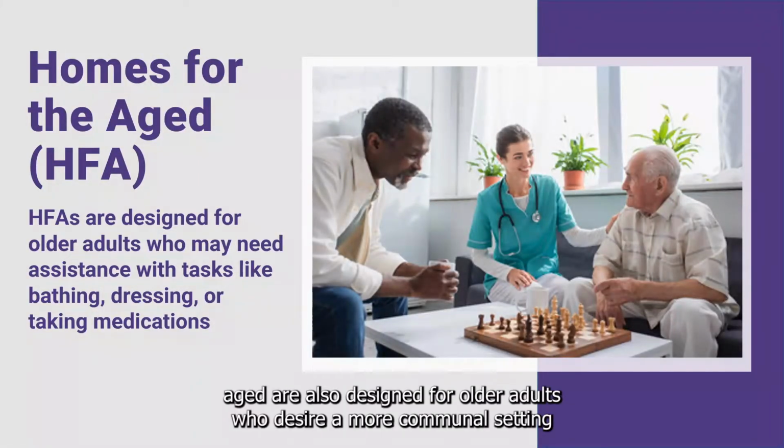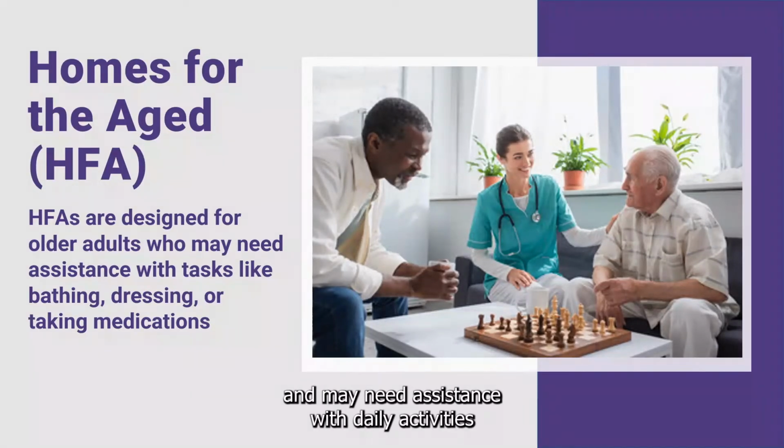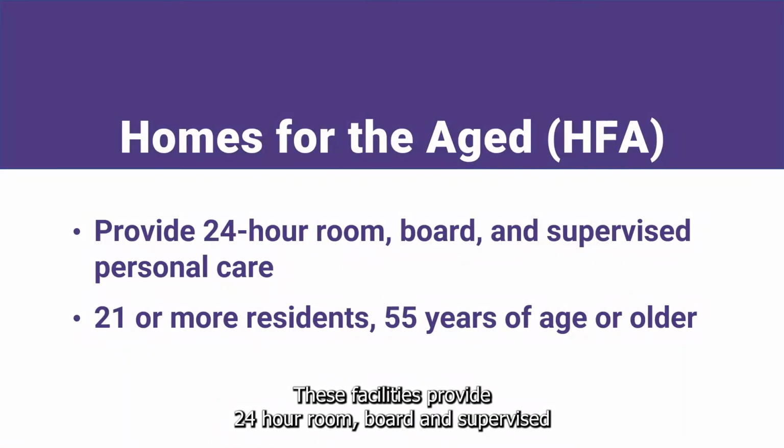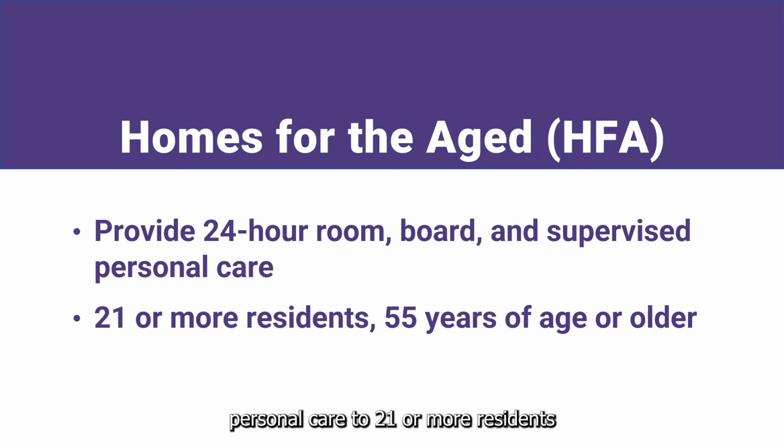Homes for the aged are also designed for older adults who desire a more communal setting and may need assistance with daily activities. These facilities provide 24-hour room, board, and supervised personal care to 21 or more residents 55 years of age or older.